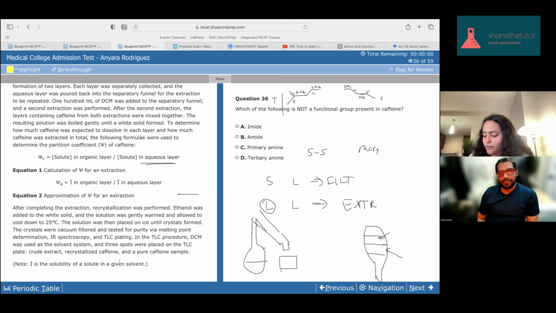And freezing point is the same point as the melting point. So if it was impure, the melting point should go down. But if it's pure, or the closer we get to it becoming pure, the higher that melting point should be.